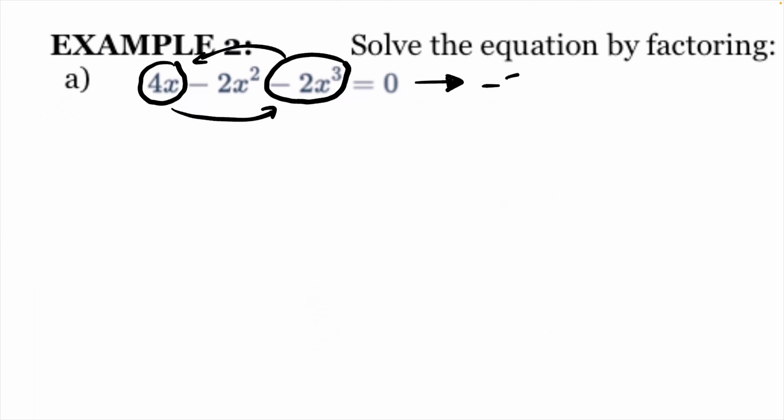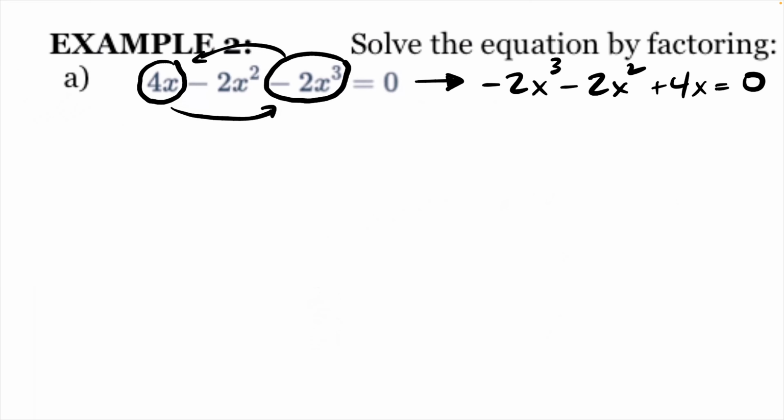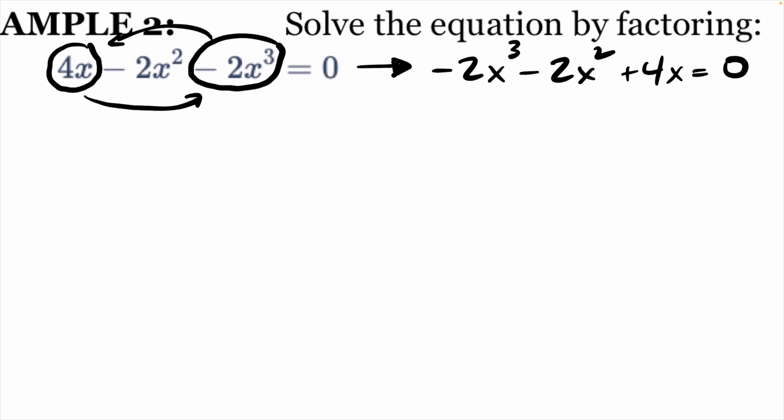Negative 2x cubed should be first. Negative 2x squared should be second. And positive 4x should have been last. That's the correct way to write it. That was step 1.